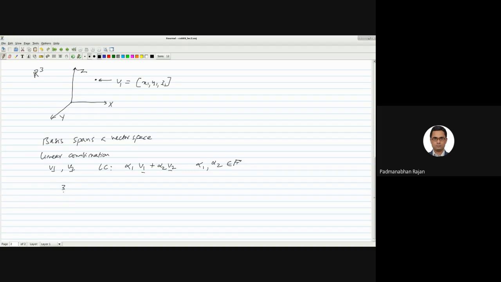Let's say these are my v1 and v2. A linear combination here would be, let's say I take 1.7 times (3, 1, 7) plus 2 times (2, 1, 0).